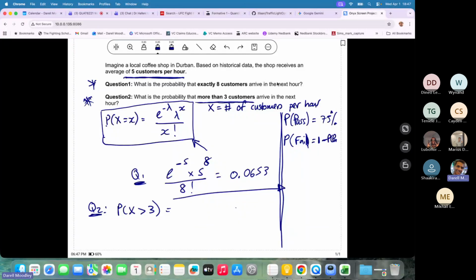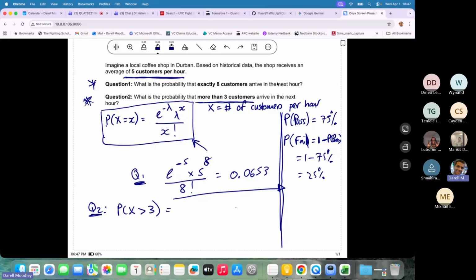That's all you did. It's 1 minus 75%, which is how you got the 25%. That is the complement rule. That is pretty much it.